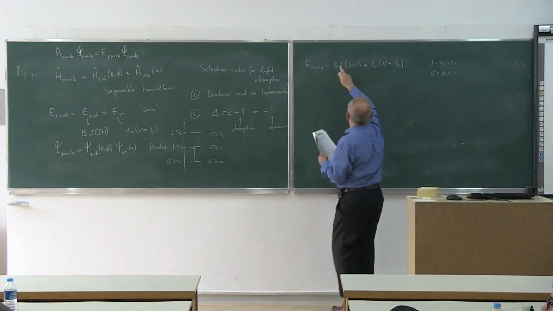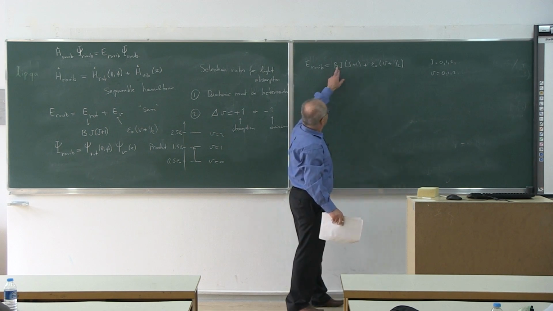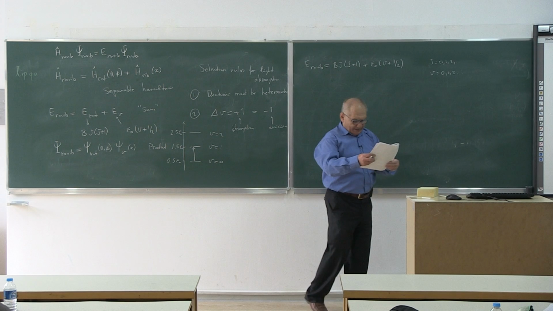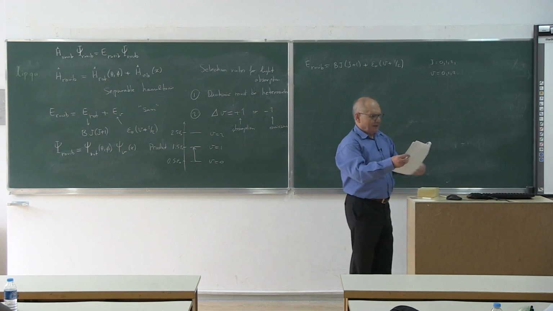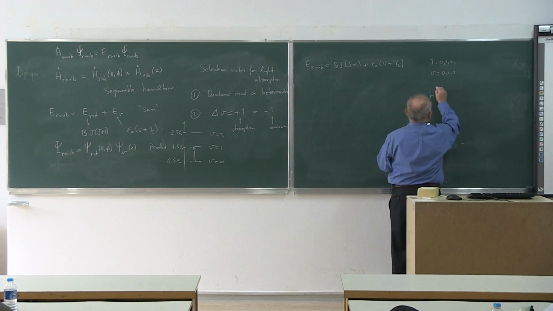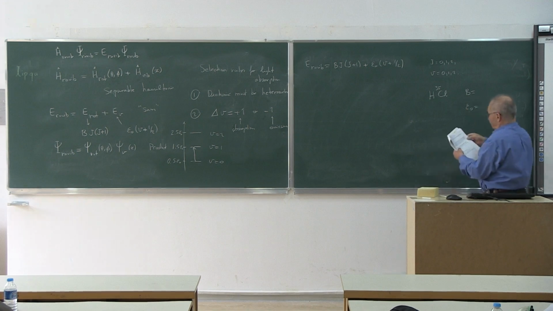Now, to understand this expression better, we need to have some idea about the numerical value of B relative to F0. We had used, for the molecule HCl with the 35 isotope, the B value and the F0 value in the same unit, wave number units.